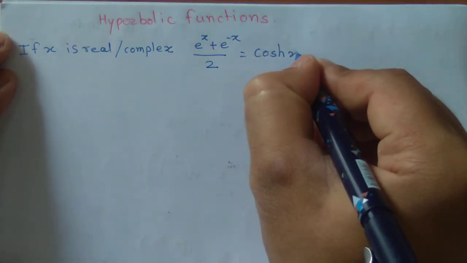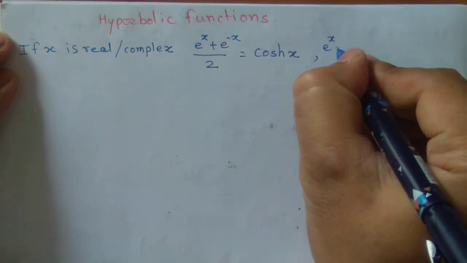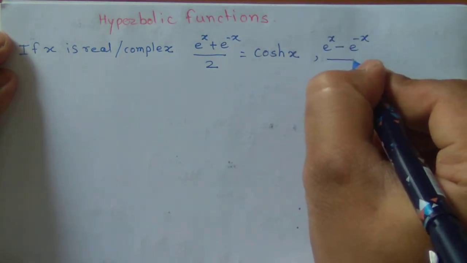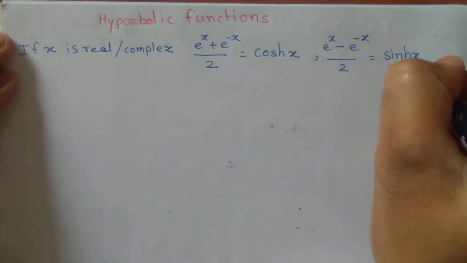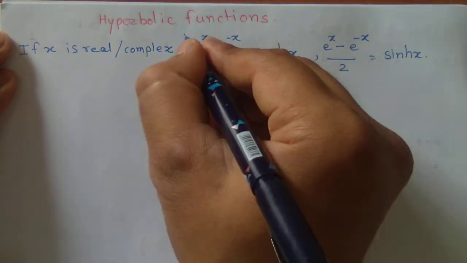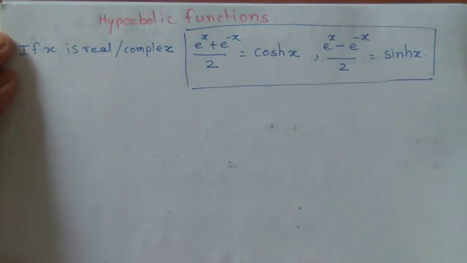So hyperbolic cos x, and (e^x - e^-x)/2 is known as hyperbolic sin x. Okay, so these two functions are very important, hyperbolic cos x and hyperbolic sin x. I hope this idea is clear.